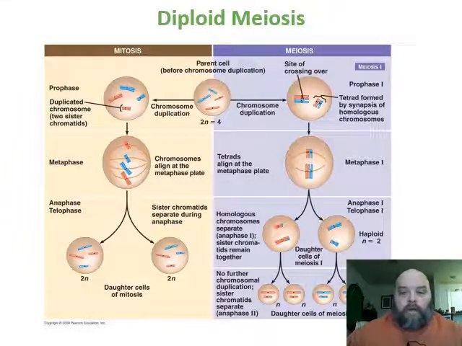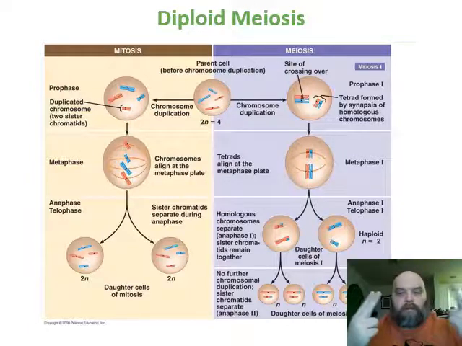And when you line it up side by side, what you see is that the artist draws it out, and it looks a lot like the same stuff. Differences will start here in meiosis 1. In mitosis you had the two sisters.